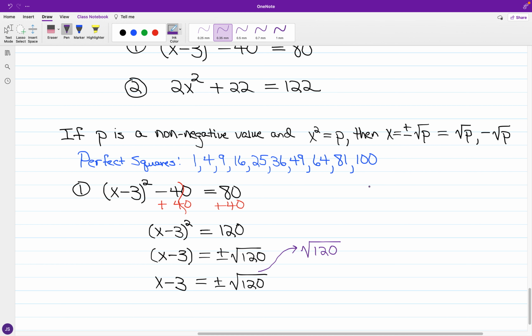But if you look at the perfect squares, the next perfect square beyond 100 would be 121. Of the perfect squares divisible into 120, 100 won't go into it, 81 will not, 64, no, 49, no, 36, no, 25, no, 16 will not, 9 will not.